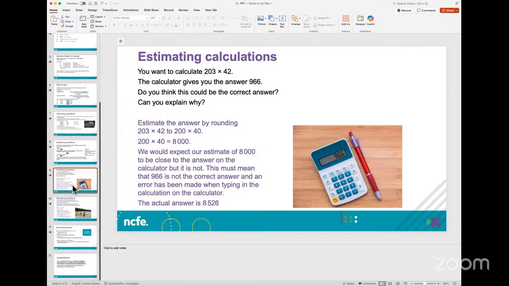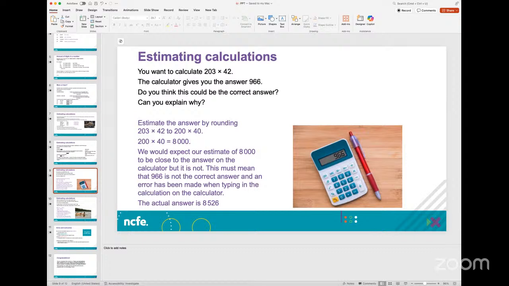So when we look at estimation and approximation, the key difference between the two is that when we look at estimation, we are looking at an exact value. When we look at approximation, we are looking at the nearest possible value which the calculation, or the number or digits, would arrive at.